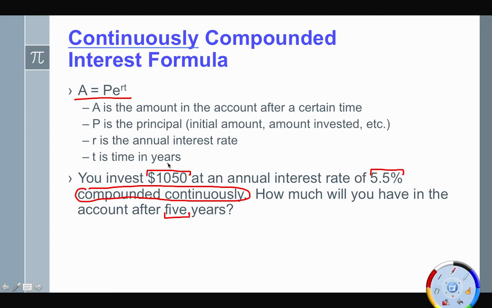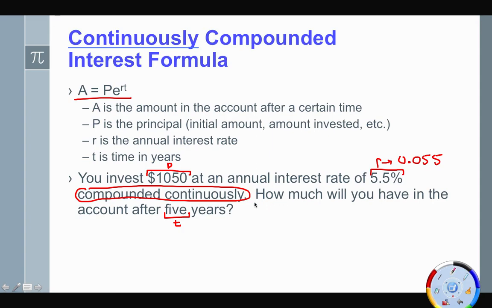So this is the amount we invested, that's P. This is my rate, which we need to change to a decimal as 0.055. And 5 years is T.